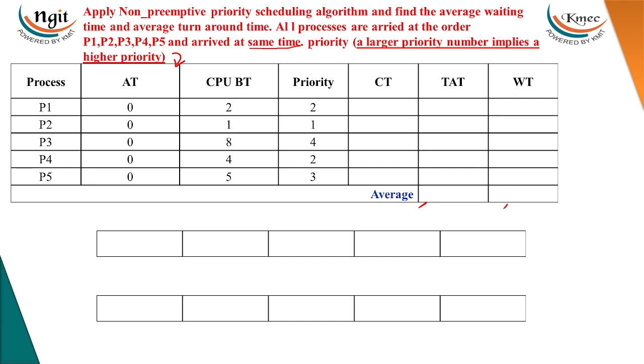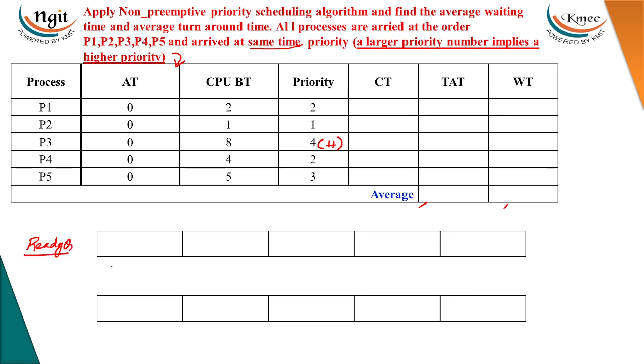A larger priority number implies a higher priority. The priorities are 2, 1, 4, 2, 3. So which one will have high priority? P3 will have high priority here. But now let's see the ready queue.